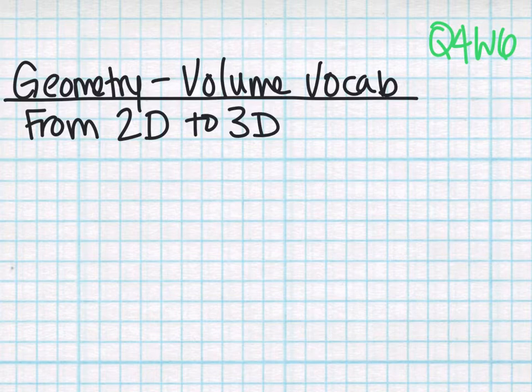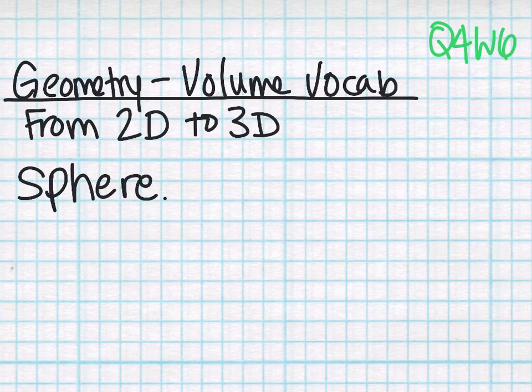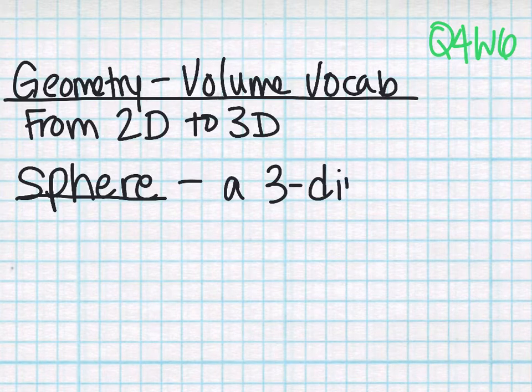The first vocabulary word and shape that we're going to talk about today is a sphere. Most of us probably already know what this word is. A sphere is a 3-dimensional shape.